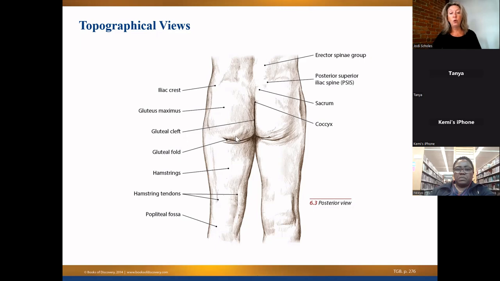So the gluteal fold, it's under where the butt ends. This is where the hamstrings live. The hamstring tendons come down on either side. And then we've got the popliteal fossa. That is basically the back of the knee. And those are what we want to cover for right now as far as the lay of the land, if you will.